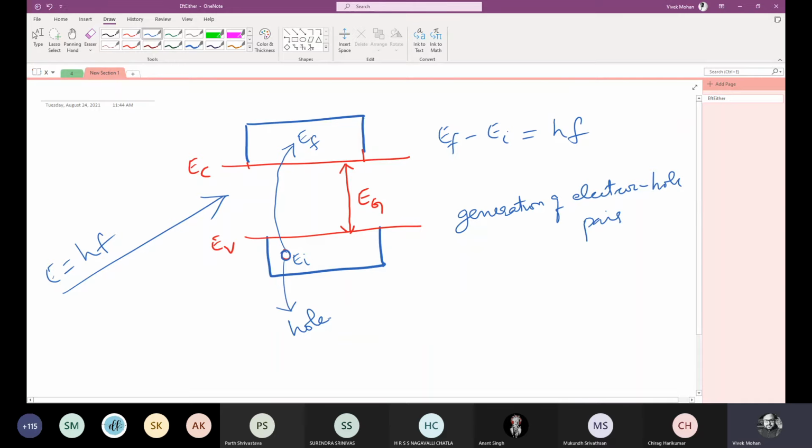The band gap energy is known as EG, which is equal to EC minus EV, the difference in energy levels between the conduction band and the valence band.